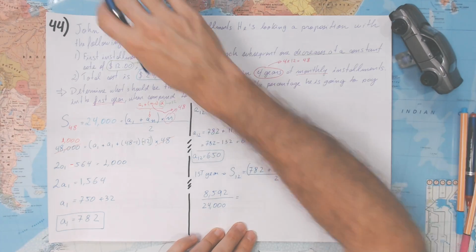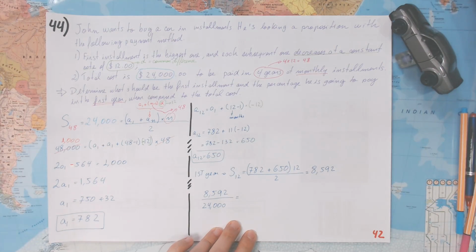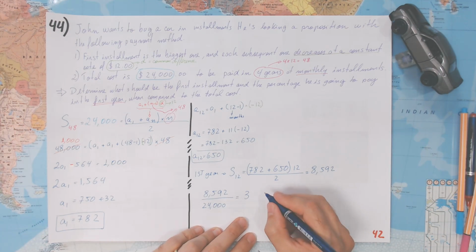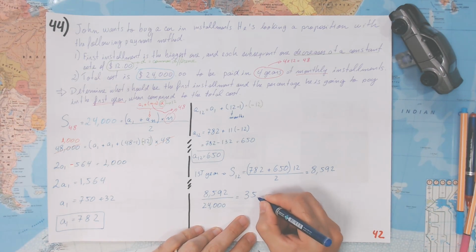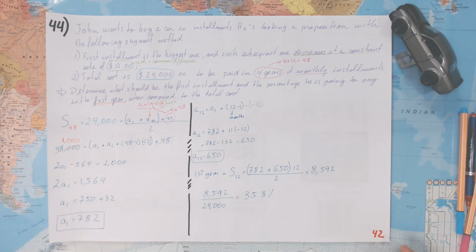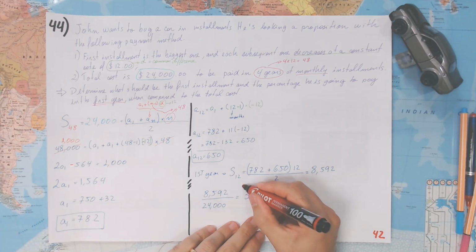And if we just put this way, 8,592 divided by 24,000. Okay, this is just 35.8%.